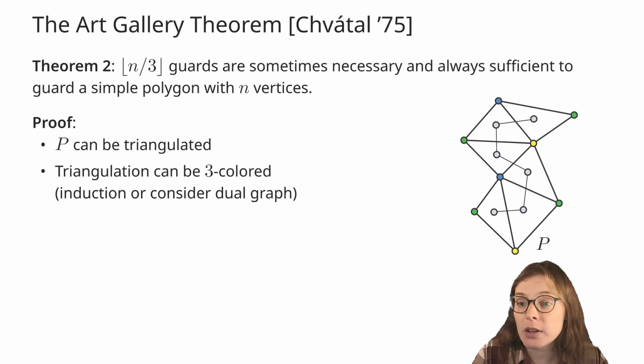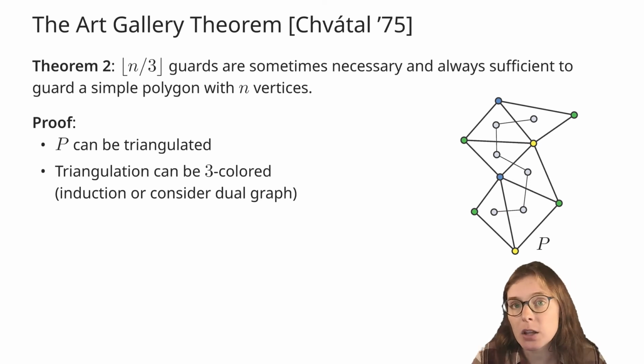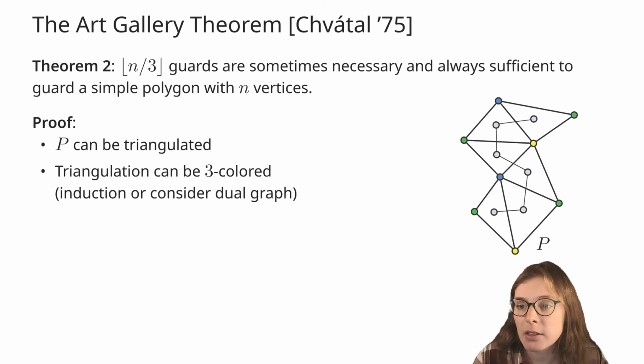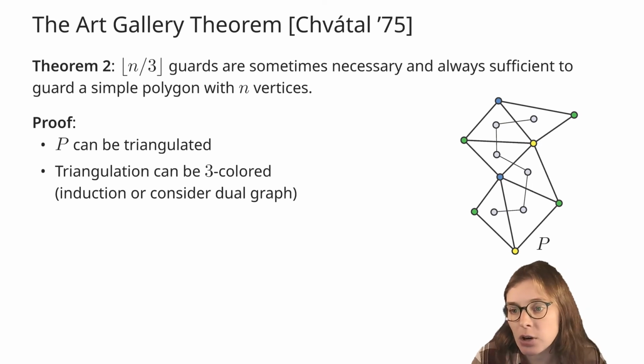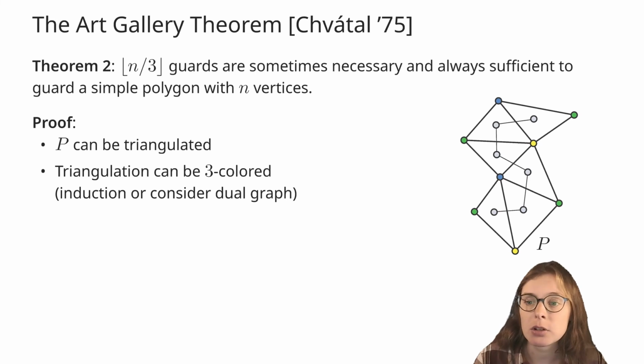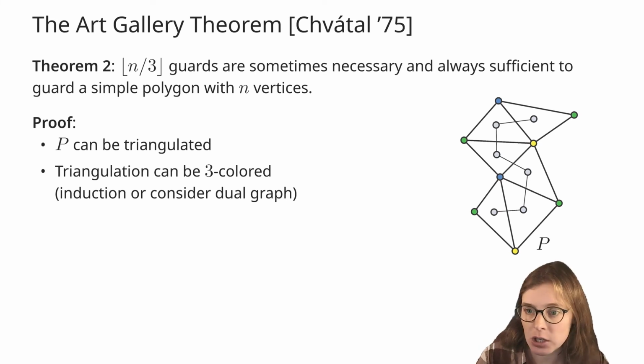How can we prove that this is always possible? Well, we can use induction, or we can consider a dual graph, which is a graph that has a node for each triangle in the triangulation, and 2 nodes are connected if the 2 corresponding triangles share an edge.